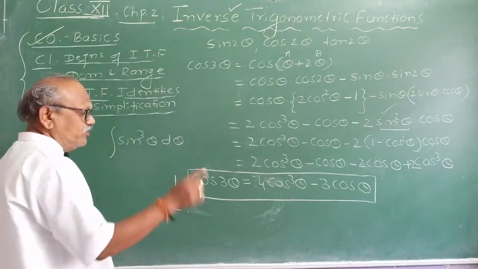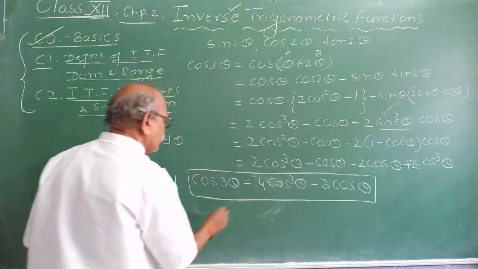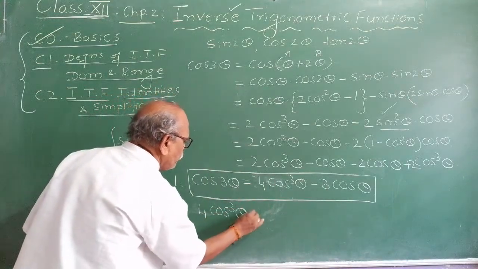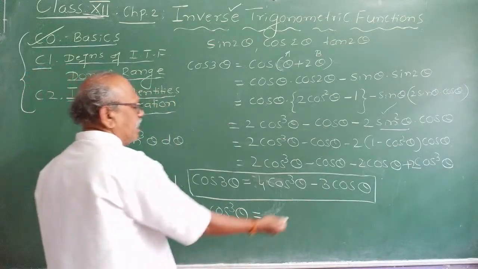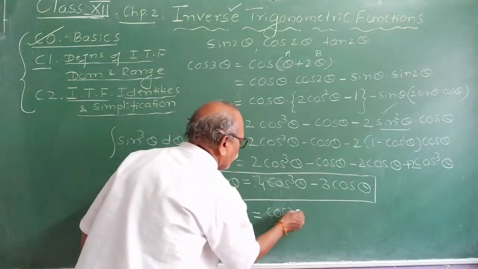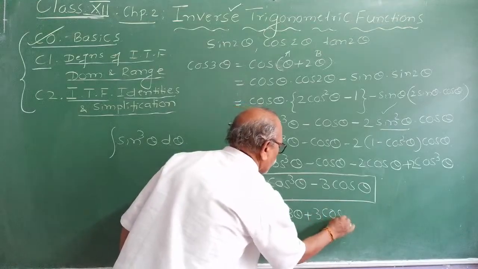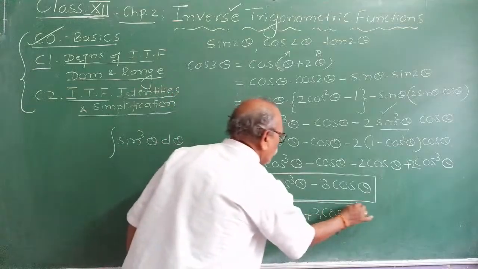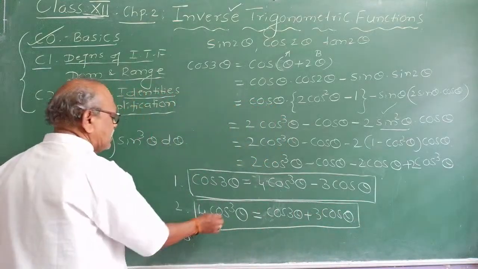For integration, you need another identity. You take minus 3 cos theta to the left, you will get 4 cos cube theta is equal to cos 3 theta plus 3 cos theta. Another sub-identity required for calculus later.